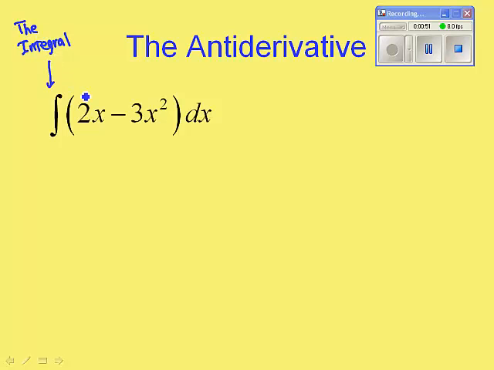The integral of, and whatever's in here, this is the function. That's the function there. And then this right here, you see it says dx, right? The way you read it is with respect to x.